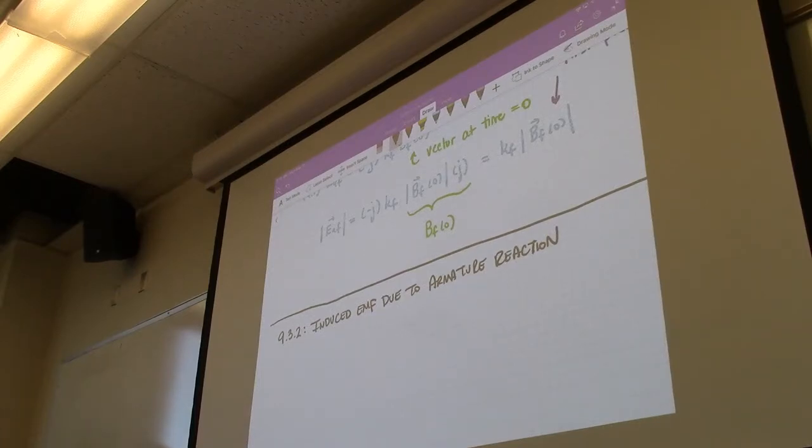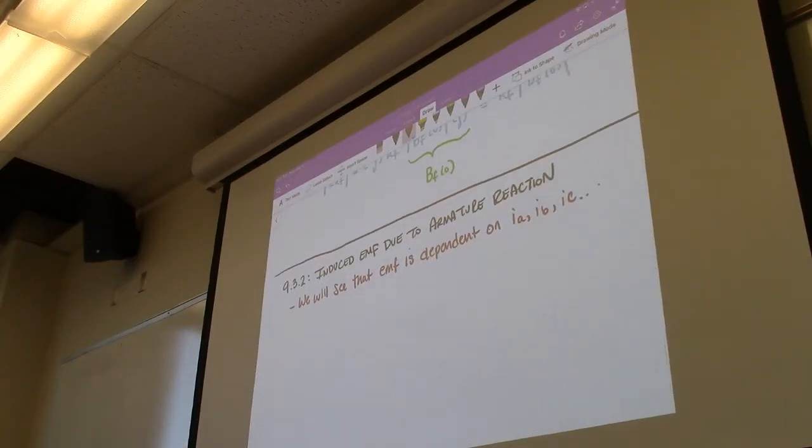So what we'll see is that the armature EMF is going to be dependent on all the different currents, IA, IB, IC, not just IA.